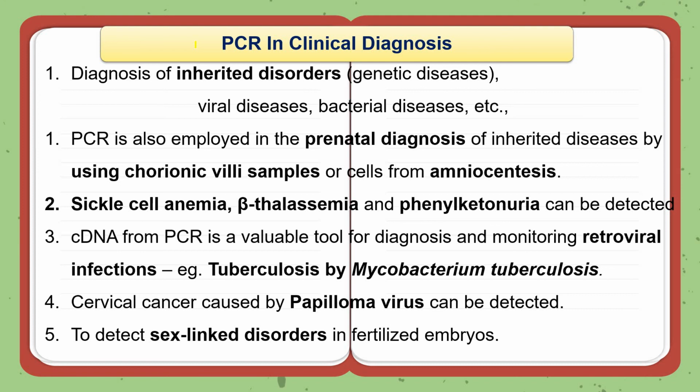But in RT-PCR, the reverse transcriptase converts the RNA into DNA. So for that we need the reverse transcriptase. That's why for coronavirus detection we call it RT-PCR. Why? Because here the virus has RNA. So for RNA viruses, we have to go for RT-PCR.